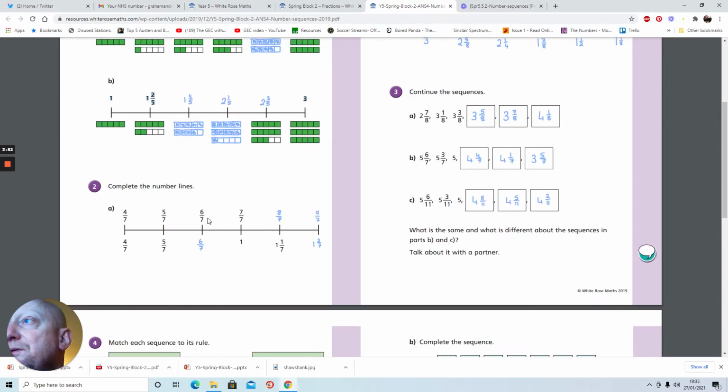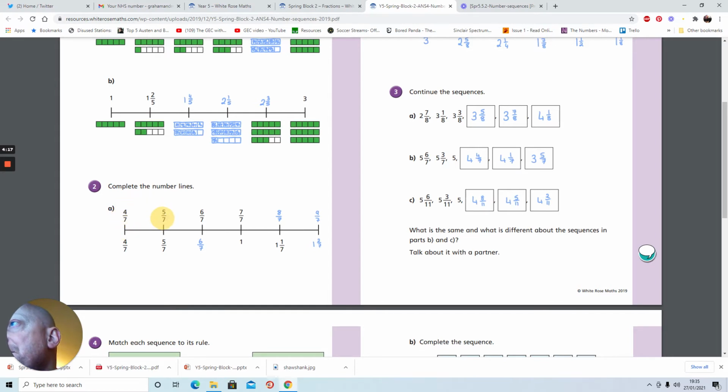Right. Now underneath we've got this complete the number line. So we've got 4/7, 5/7, 6/7, so that shows you above anyway. So down below is going to be the mixed number, and up above is going to be the improper fraction. So you might want to start doing the number above, the improper fraction, first of all.